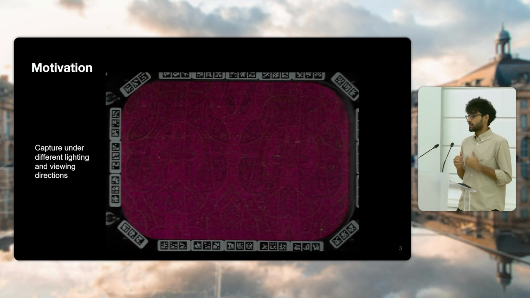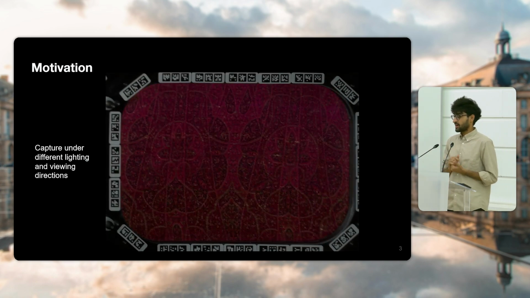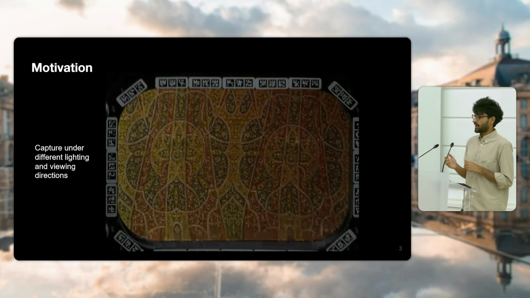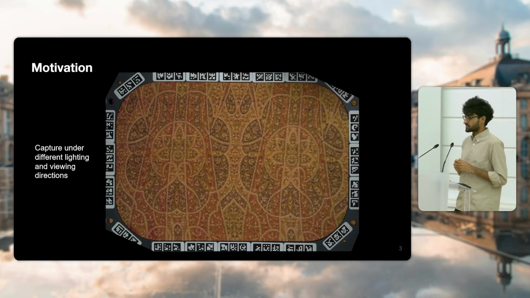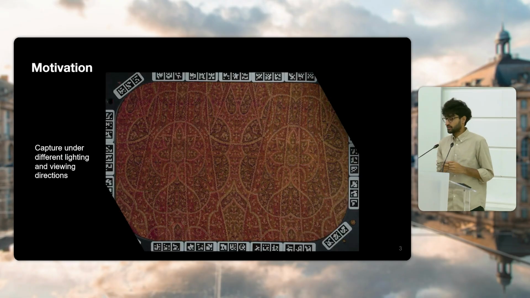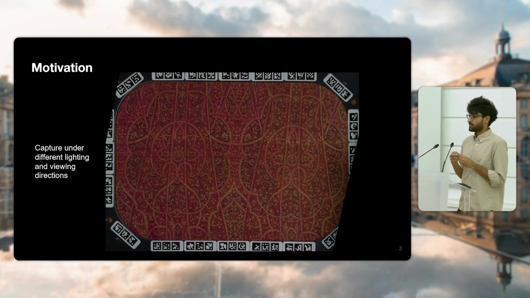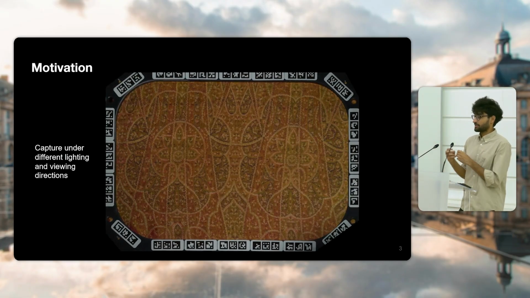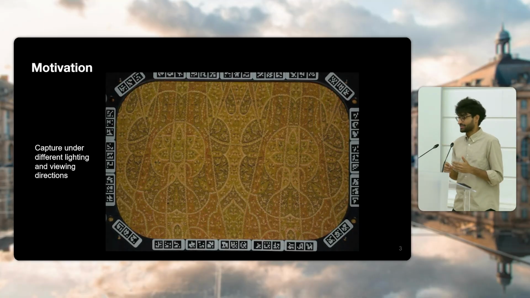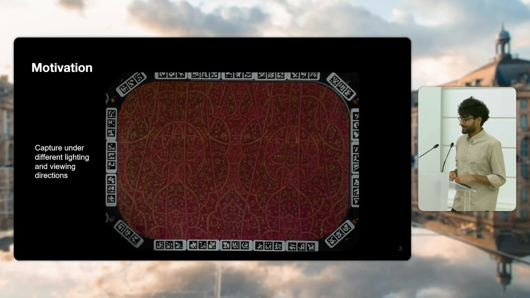Many of the interesting materials we see daily are of this kind, such as woven fabrics with view-dependent color shifts, hand towels with self-shadowing, or car paint with interreflection and glints. So excuse my wordplay, but this is where BTFs shine.